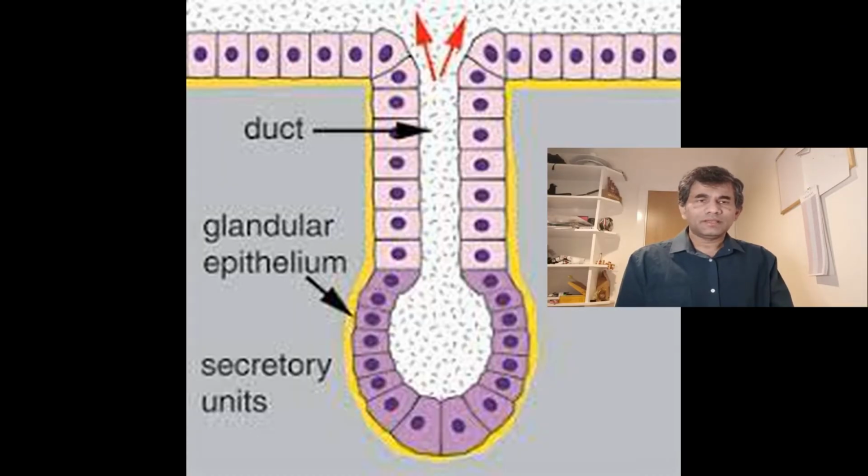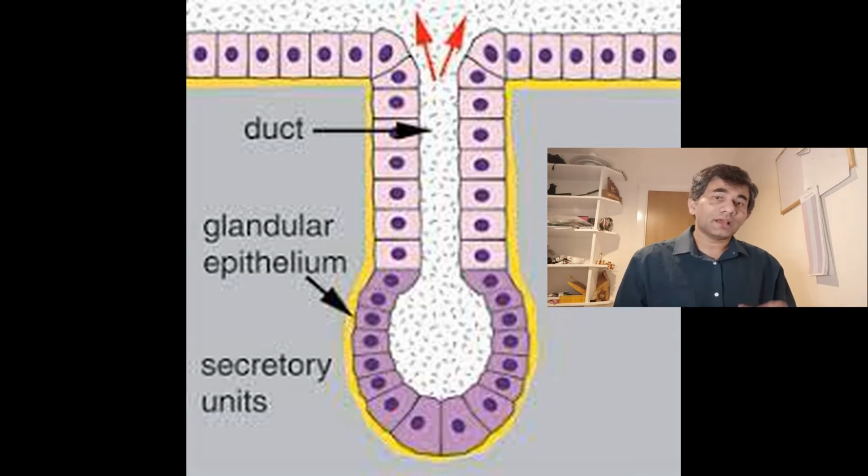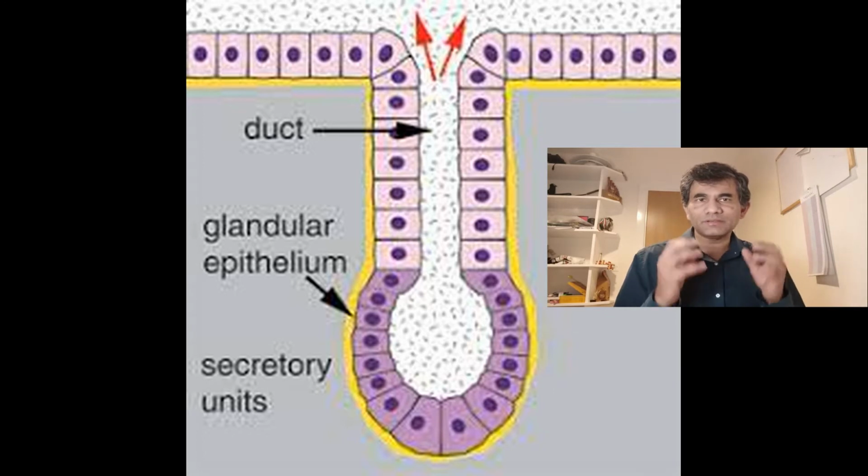Glands are the structures which secrete different important chemical substances, which are important for our body, especially for digestion. There are other glands which secrete hormones and other chemicals, but especially in relation to the gastrointestinal tract, we have glands.